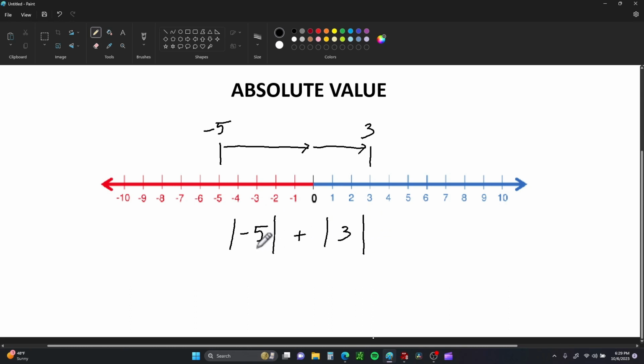So it's the number of spaces this one is from zero, which is 5, and the number of spaces 3 is away from zero, and that's a 3. And when I add those together, I get an 8. And if I look on the number line, starting from here, this is 0, 1, 2, 3, 4, 5, 6, 7, 8. So -5 and 3 are 8 spaces away from each other.